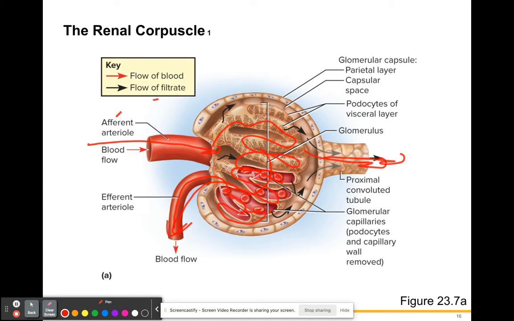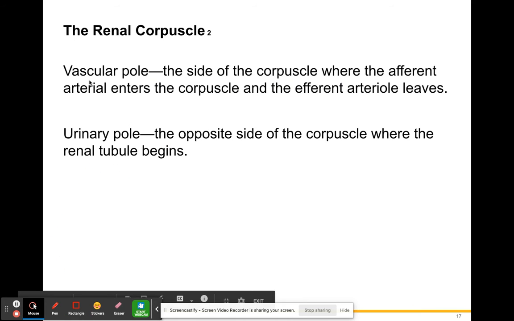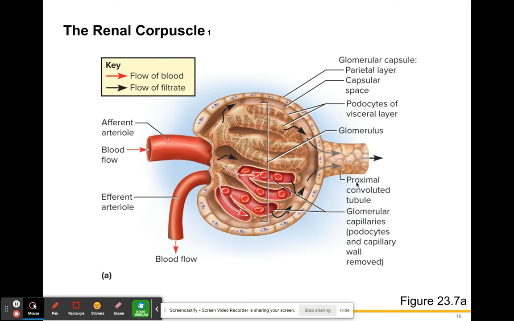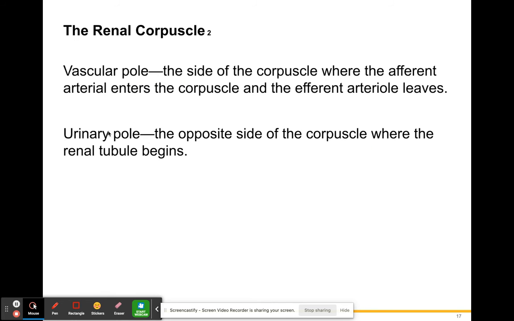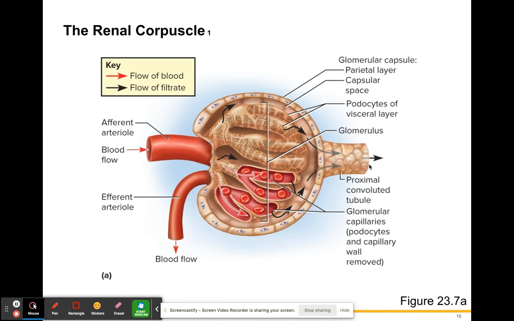So this whole area is called the vascular pole, right? That's our vascular pole. The other side, where the stuff that we filtered out leaves, over here, that's going to be the urinary pole. That's going to be the opposite side of the corpuscle where the renal tubule begins. So this is going to be where the renal tubule starts, right?